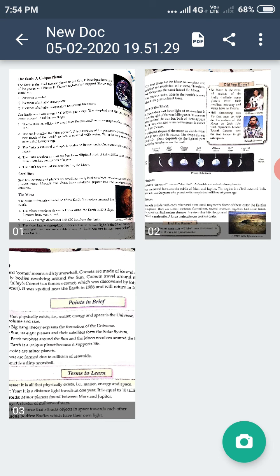Now students, we know that there is a presence of water on the Earth, and nearly two-thirds of the Earth's surface is covered with water. So that is why Earth is also called a blue planet. And all of us know that water is a very essential part for survival, for living. So we cannot live without water, and water is present on the Earth.